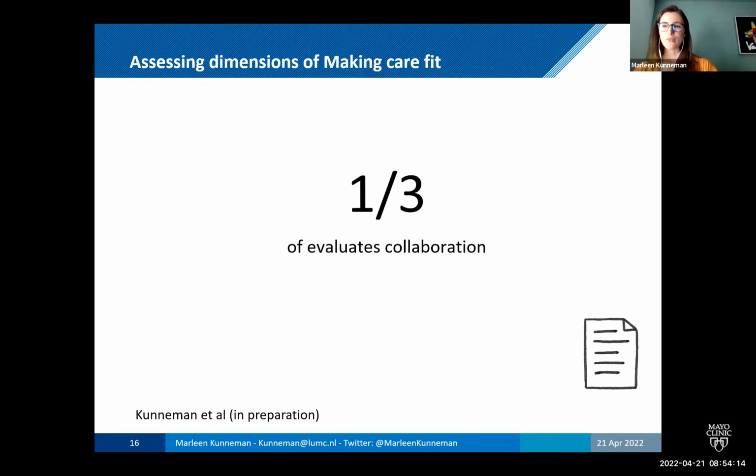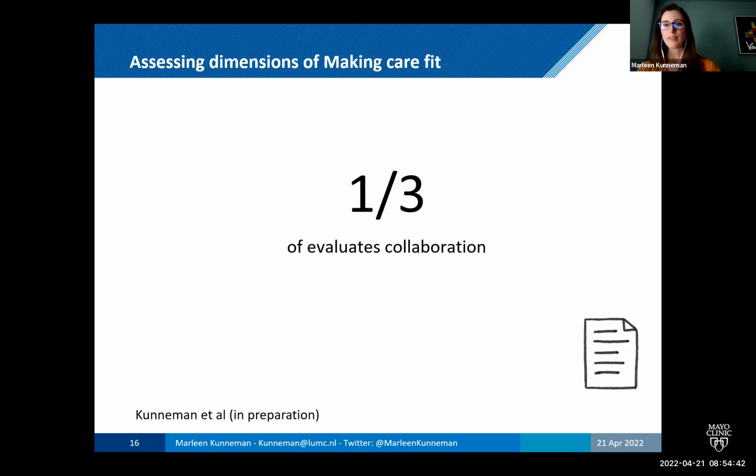So taking this manifesto as a starting point, we wanted to conduct a review looking at what is actually measured in studies focusing on patient-clinician collaboration. So a little bit broader than shared decision-making. And we found that 1/3 of all the measurement items actually evaluate the collaboration, the process itself.